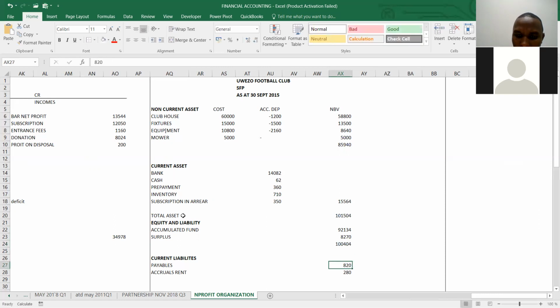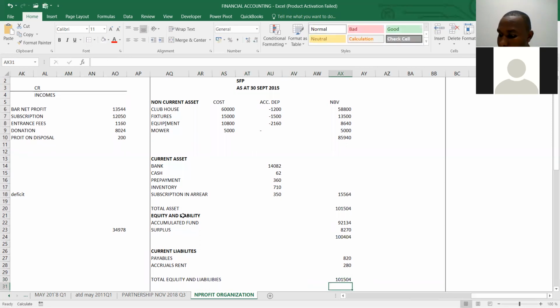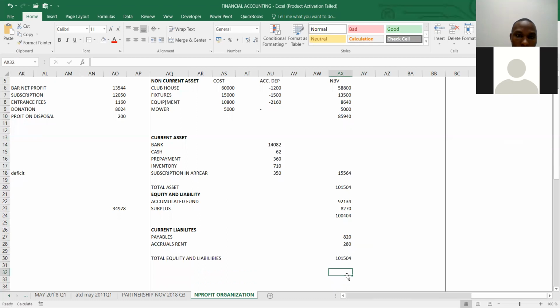Then ukiongeza hizo tutapata the total equity and liability hapa ni ngapi? 101,504. Is it? Yes, it is 101,504. That's all.